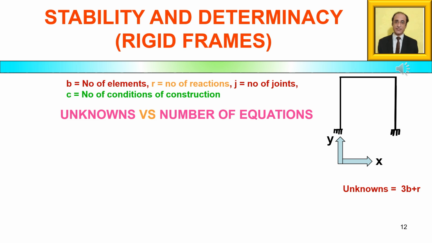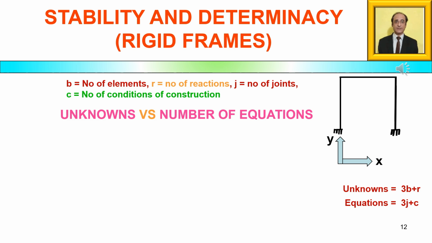Coming to the equations, each joint has three equilibrium equations: the summation of all the forces in the x direction is 0, the summation of all the forces in the y direction is 0, and the moment equilibrium about the z axis. So here the total number of equations will be 3j plus c.